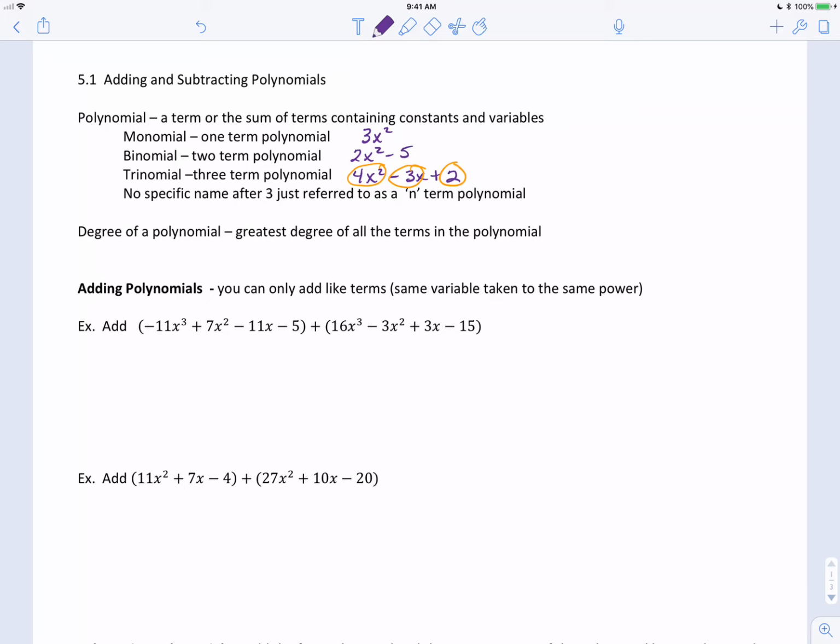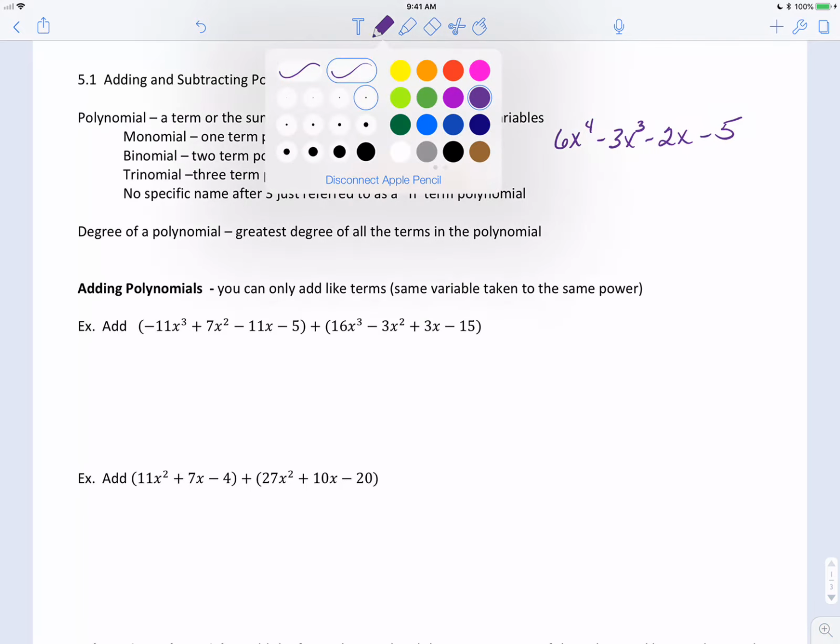So the standard form of a polynomial is always written in the order of descending powers. If you noticed, in this example here, I did put the x squared first, and then the x, and then the plain constant. So if you have something like this, notice how they're in descending powers order.